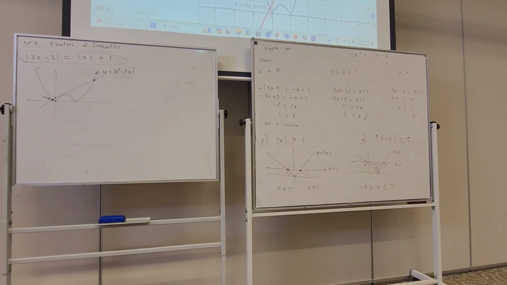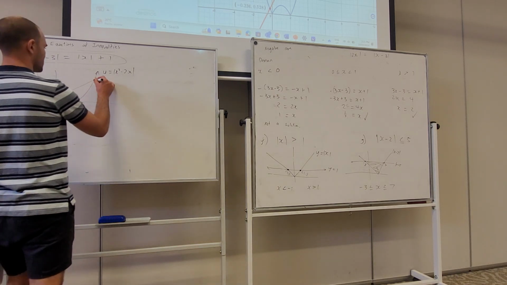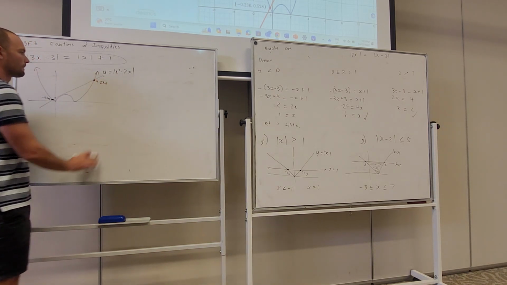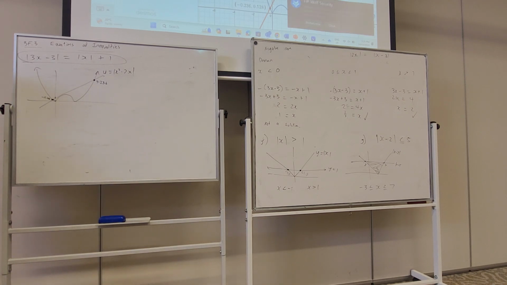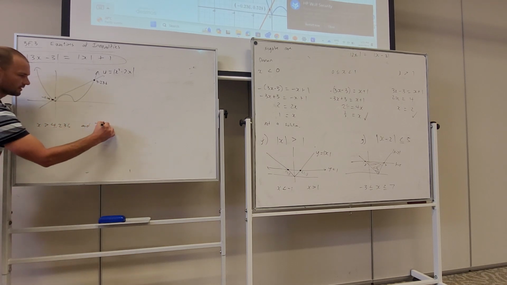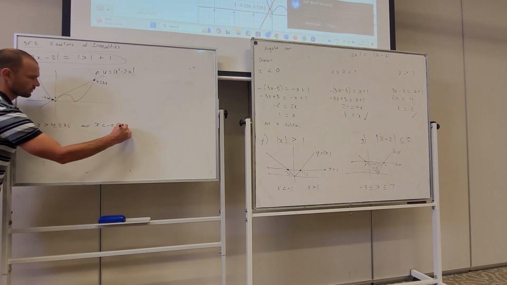And the x value where they meet over here, 4.236. And so to answer the question, the quadratic is larger when x is larger than 4.236 and x is less than negative 0.236.